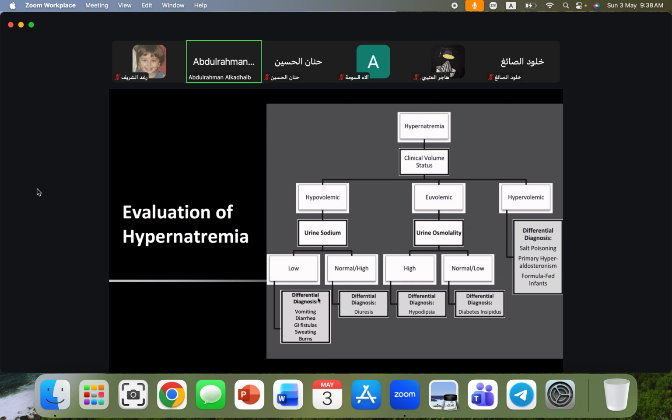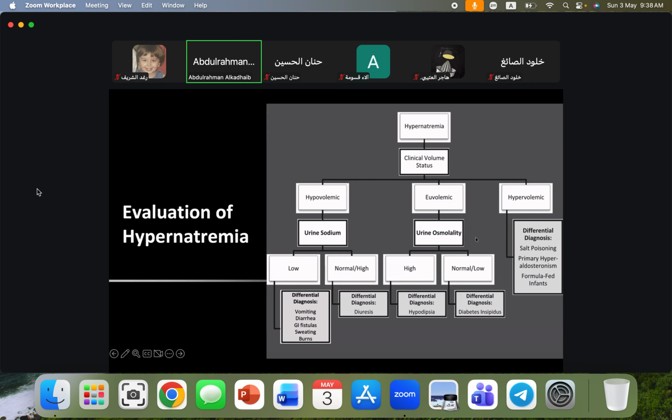So in cases of hypovolemic hypernatremia, we expect the urine sodium to be low in cases of GI loss, such as vomiting or diarrhea, or third spacing, as we said previously. And we're expecting the urine sodium to be high in cases of diuresis, because basically the kidney is excreting the sodium. And this also may lead to hypernatremia in the serum as well.